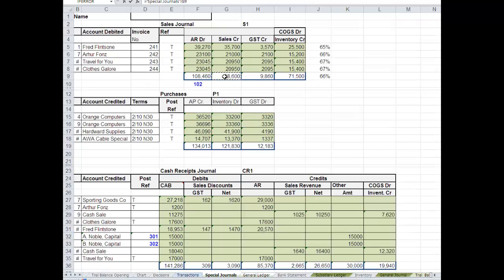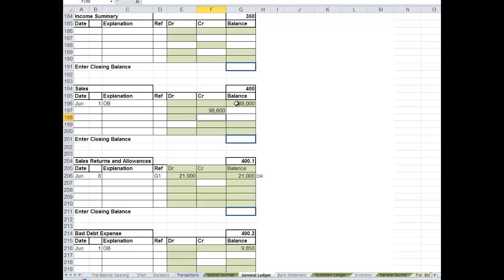Journal 98,060. That works. So opening balance of a credit, deduct any debits, add any credits, and hopefully that'll go green.